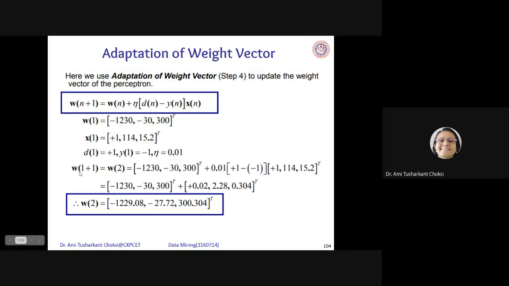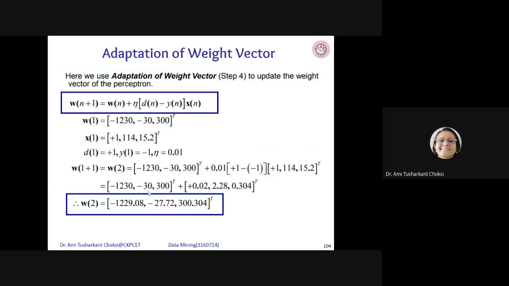Now W1 plus 1, so W2, is equal to minus 1230, minus 30, 300 transpose plus 0.01, this is eta, times d(n) is plus 1, y(n) is minus 1, so the difference of them, times x(n), that is plus 1, 114, 15.2 transpose. So what happens?